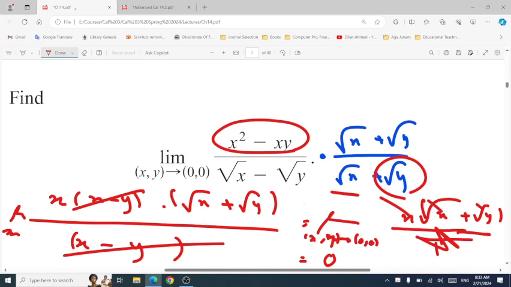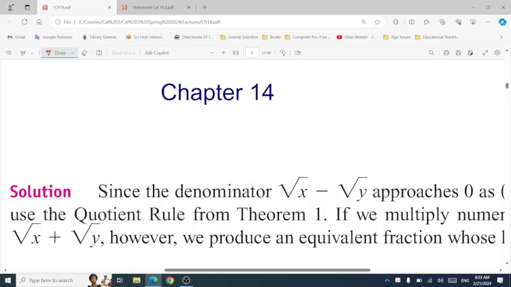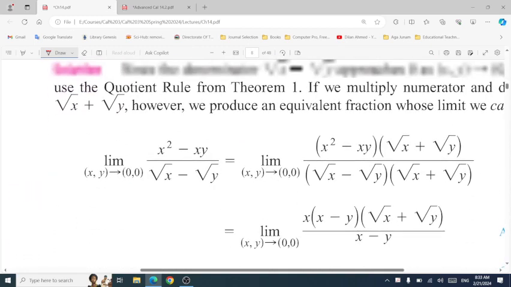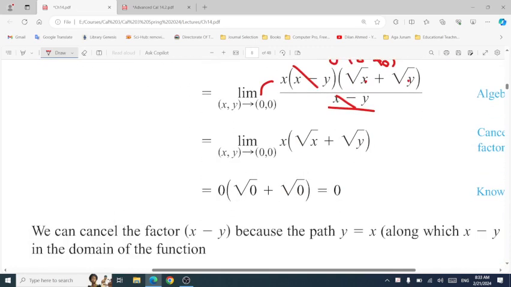Did you get it or not, dears? Good. Either use the conjugate, or the factor. Then 0 plus 0 multiplied by 0, and I get 0. Clear?